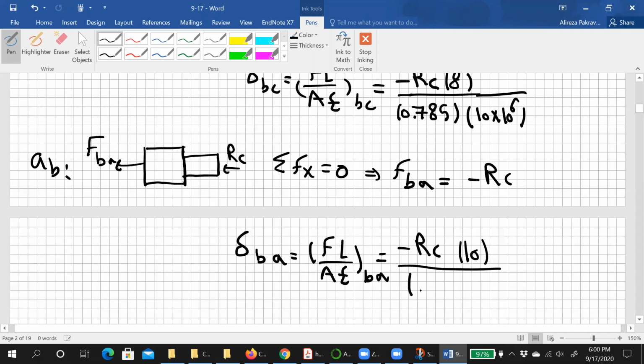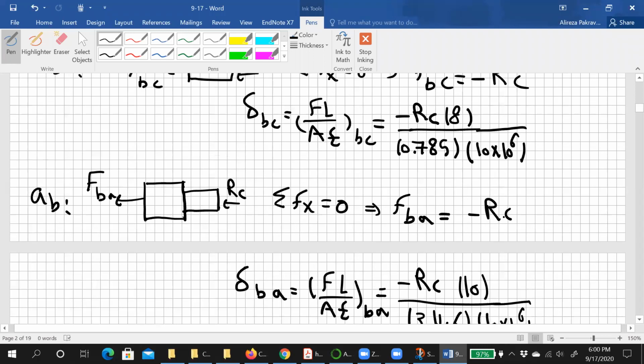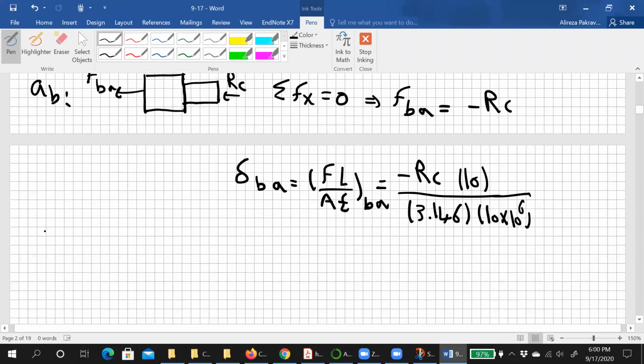What is A? 3.146. 3.146, and E is the same. We have the same material. Okay, so the total delta would be delta BC plus delta BA.